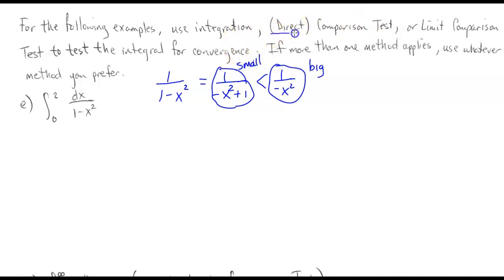Now, according to the direct comparison test, either we need to show that the improper integral of the big function, using these same limits of integration, converges, or that the integral of our smaller function diverges, in order for the direct comparison test to work.